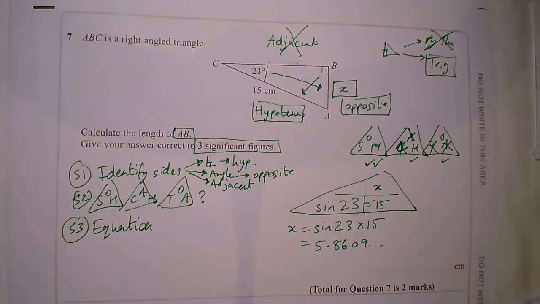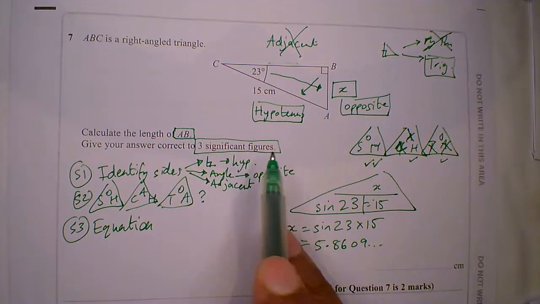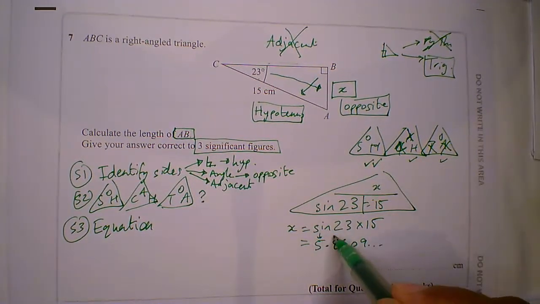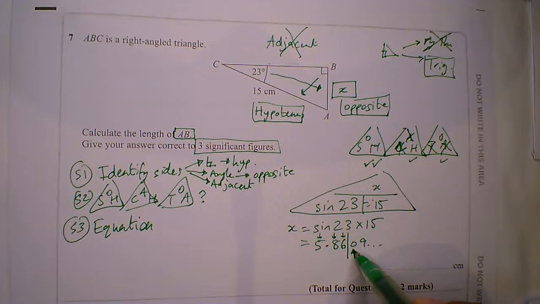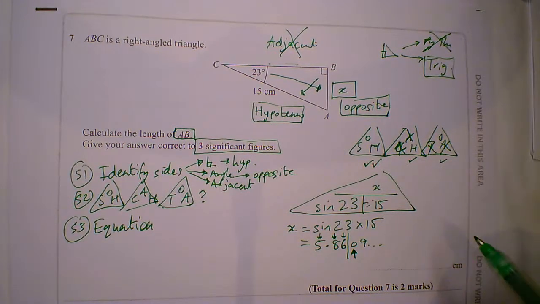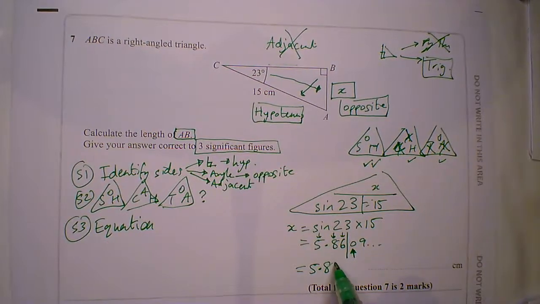You may have a different calculator, which is fine, so use the way your calculator works. The question says 3 significant figures. This is my first significant, second, and third. I am rounding, do I round up or down? 0 rounds down, so this becomes 5.86.